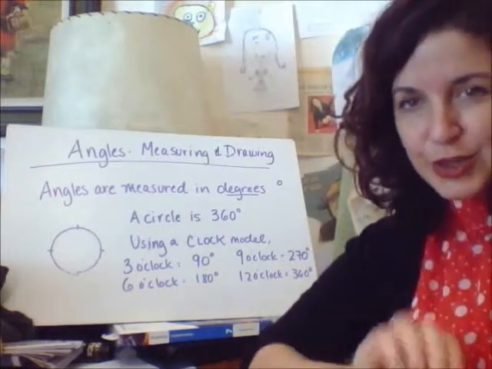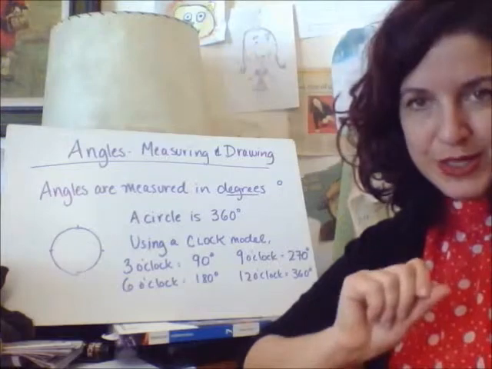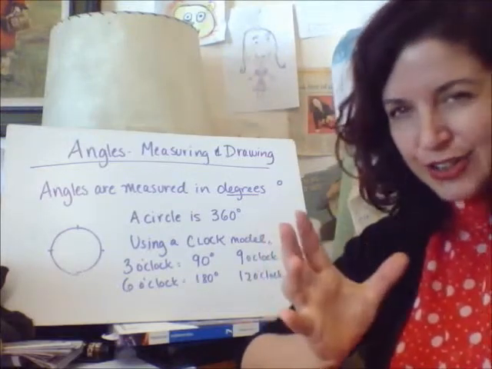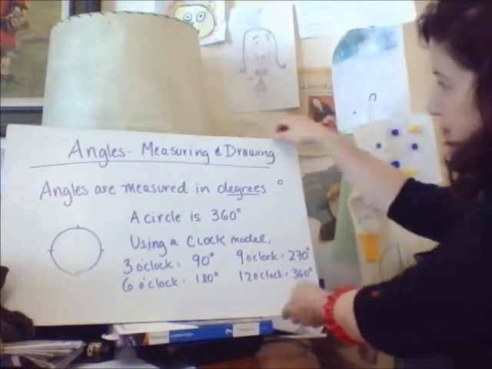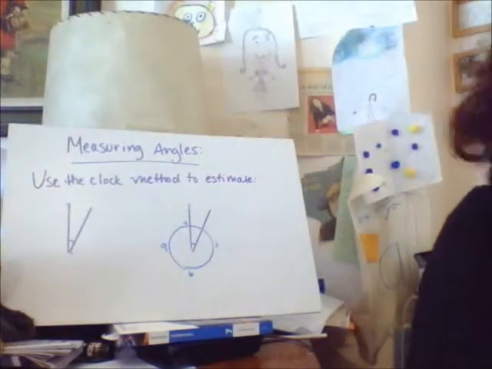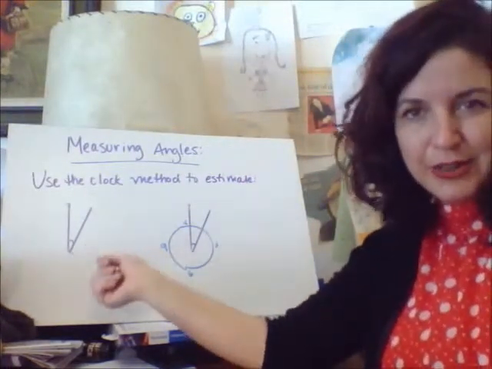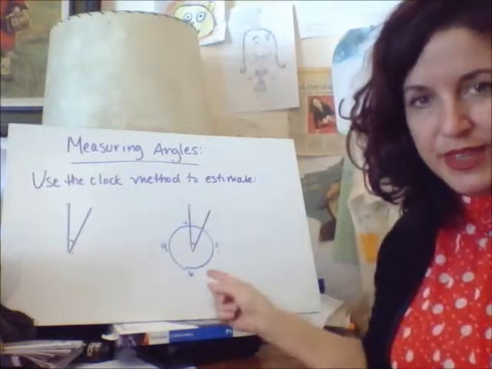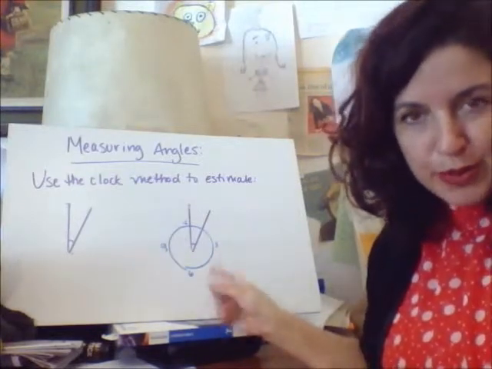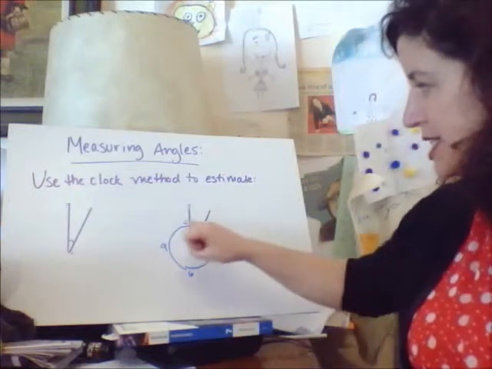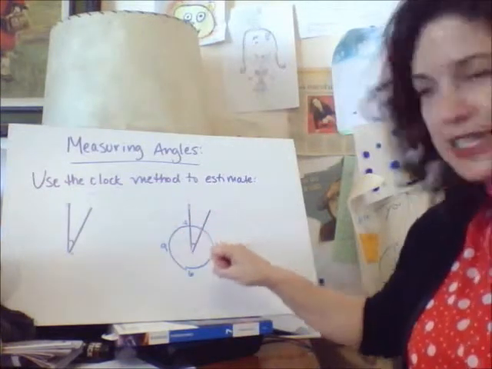So this is a good tool for you to use when you're just looking at an angle and you're trying to estimate. I'll show you what I mean. We've got this angle here. If you can imagine your little clock superimposed over the top of this angle, you can see, okay, well, it starts at 12 and it doesn't make it to the 3.